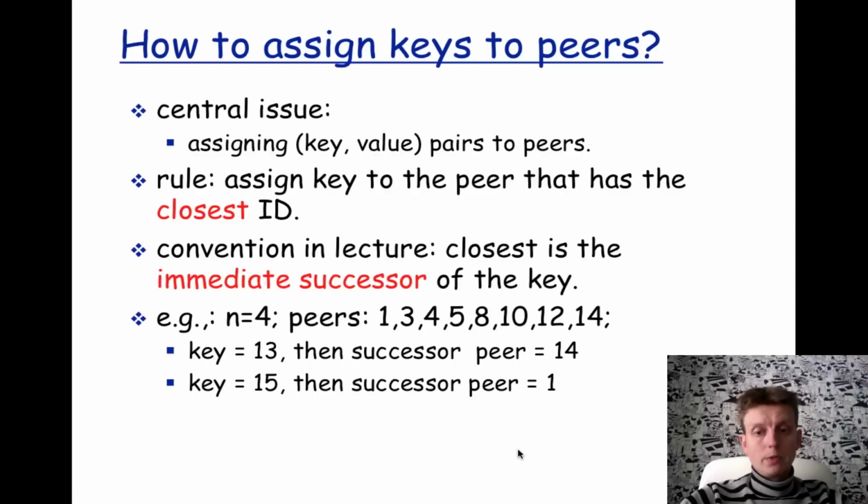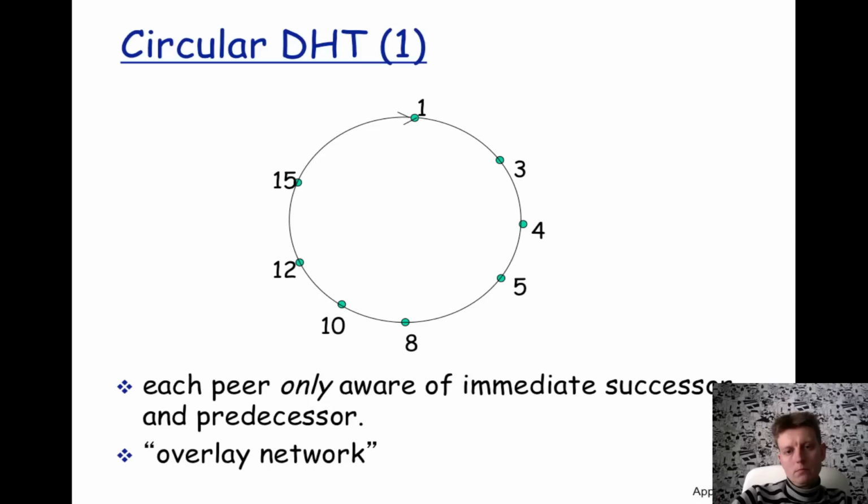Successor peer would be 1, and the content will be stored there. Alright then, so by now we know how to map a value to a key and how to map the computed key-value pair to a specific peer.